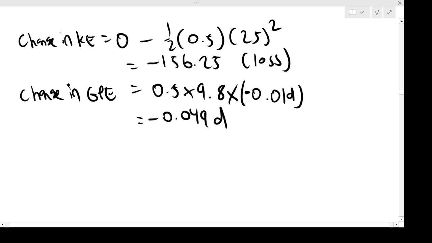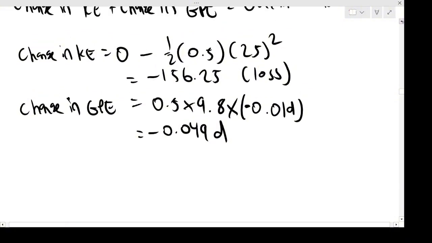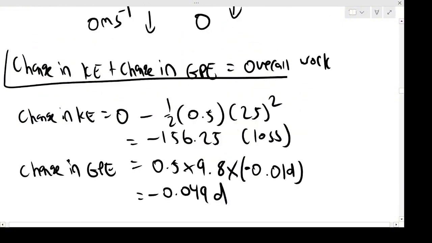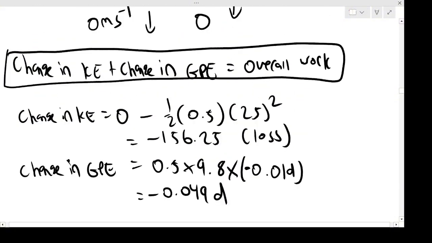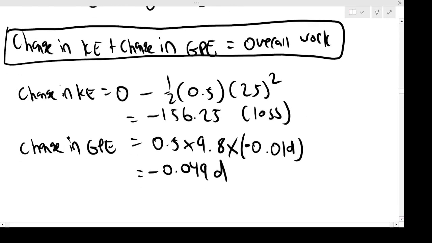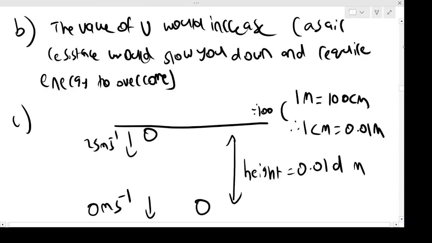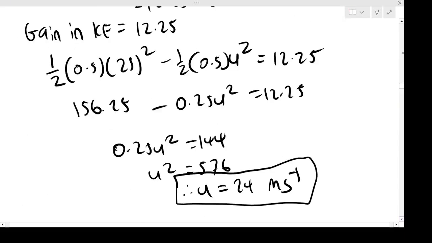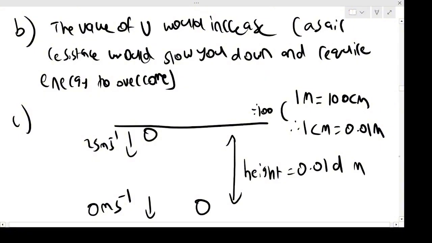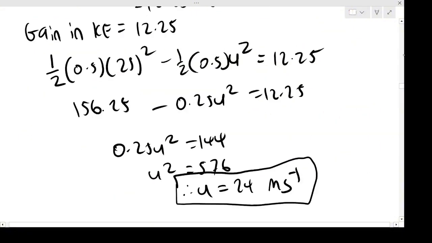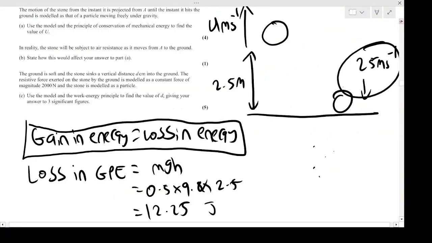So therefore, if I substitute that into my work energy formula here, that's going to mean that minus 156.25 minus 0.049d has to give me the overall work. And the overall work is the work forward minus the work backwards. Now, there is no forward force.